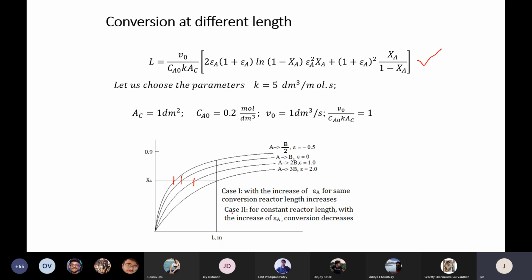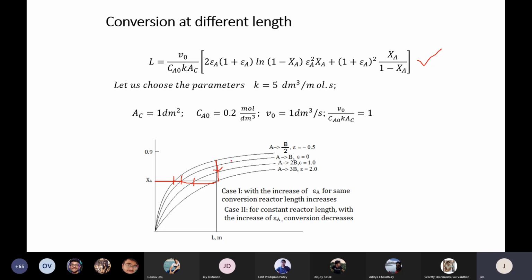And second case, keeping reactor length constant, means using the same reactor if we perform different reactions with different epsilon, then conversion decreases as epsilon increases. That is, you will come down; at constant conversion you will follow this path, and at constant length you will follow this path.